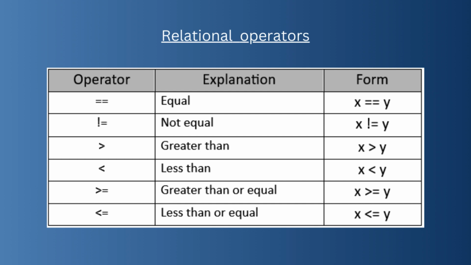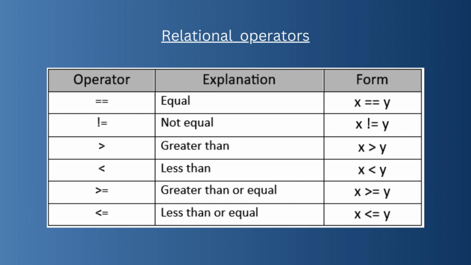You can compare values of all primitive data types. Important thing to know is that the result of expressions with relational operator is Boolean value, true or false. So if you write expression 5 is greater than 10, result is false.